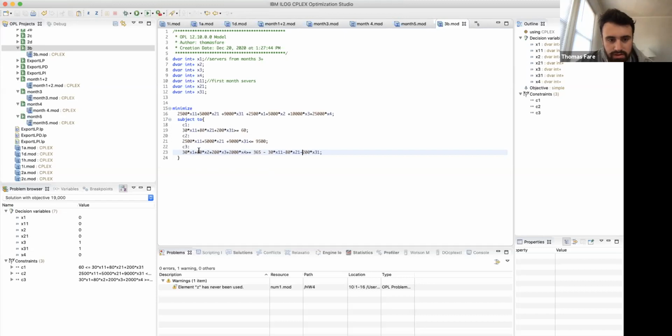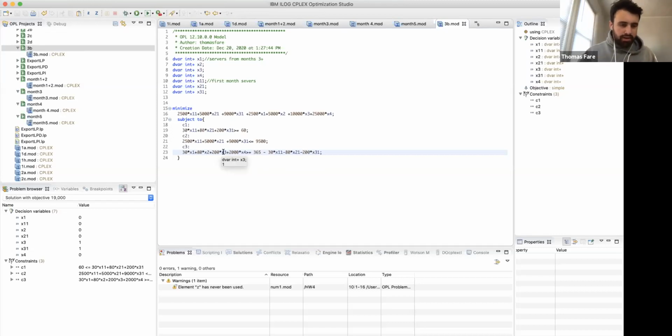So these 4 variables are greater than or equal to 365 minus whatever we bought in the first 2 months. So if we bought, let's just say, a unit of server 2, then that would be 285. So the constraint just changes with this one.